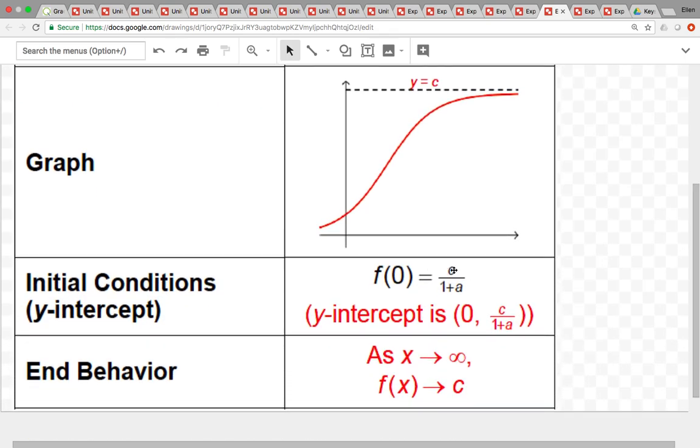And then whatever your c value is divided by 1 plus your a value will give you your y-intercept. And then on the right side of the graph, your y is going to approach whatever your c is.